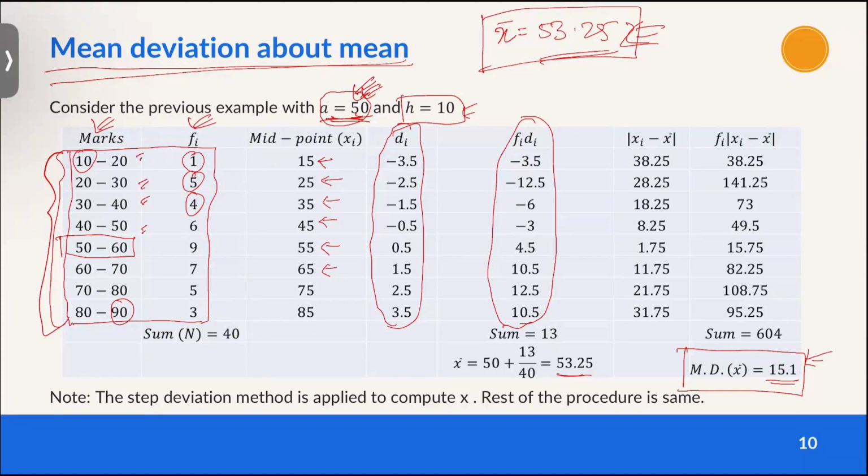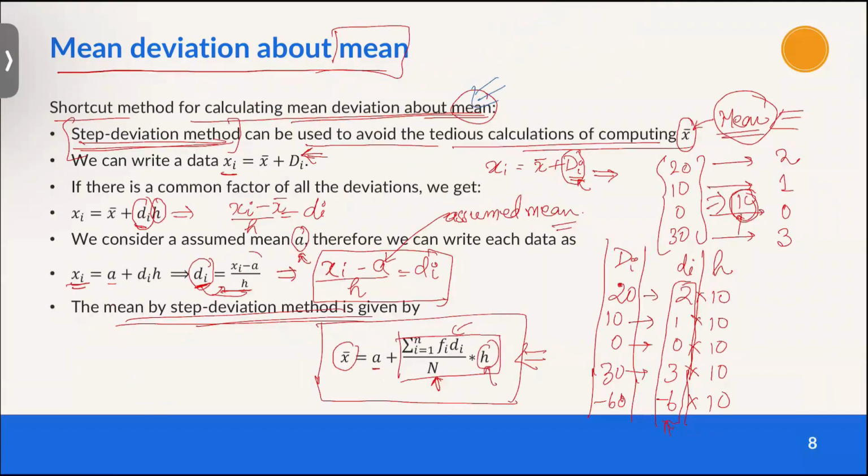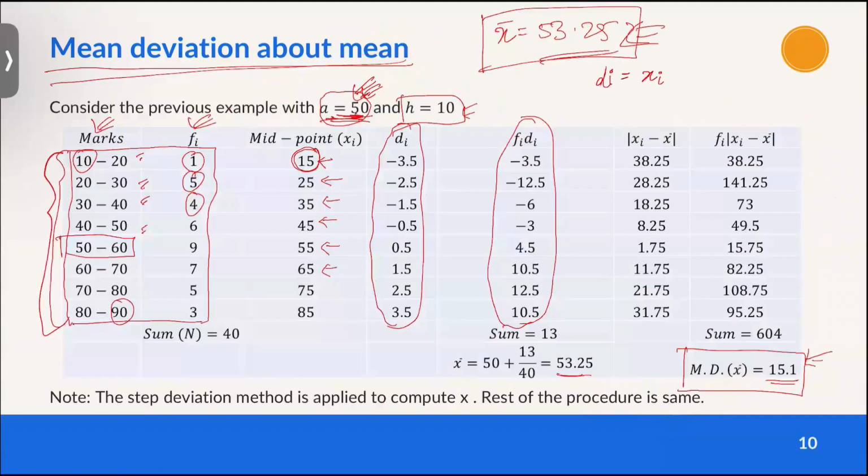From the assumed mean, I take the difference. So you have the formula for di: di equals xi minus A by h. You have the xi's, these middle values are the xi's.